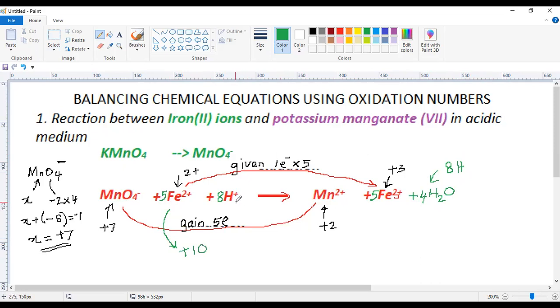Here we have a total of plus 8. When plus 10 and plus 8 are added together, we get plus 18. On the right-hand side, we have Mn2 plus, plus 2. And here Fe3 plus, Fe3 plus into 5, 15 plus.